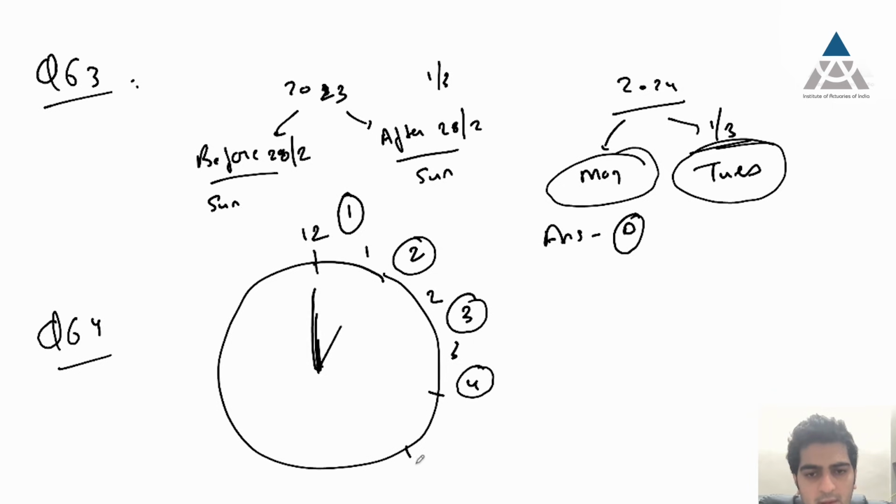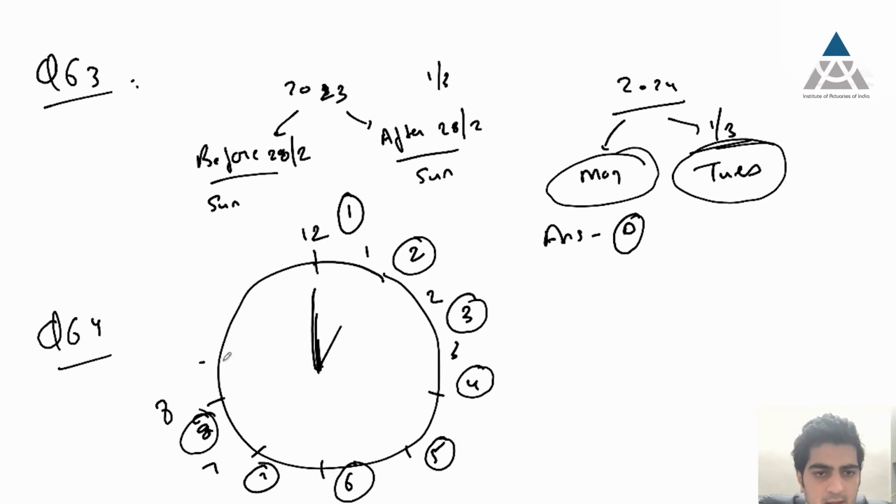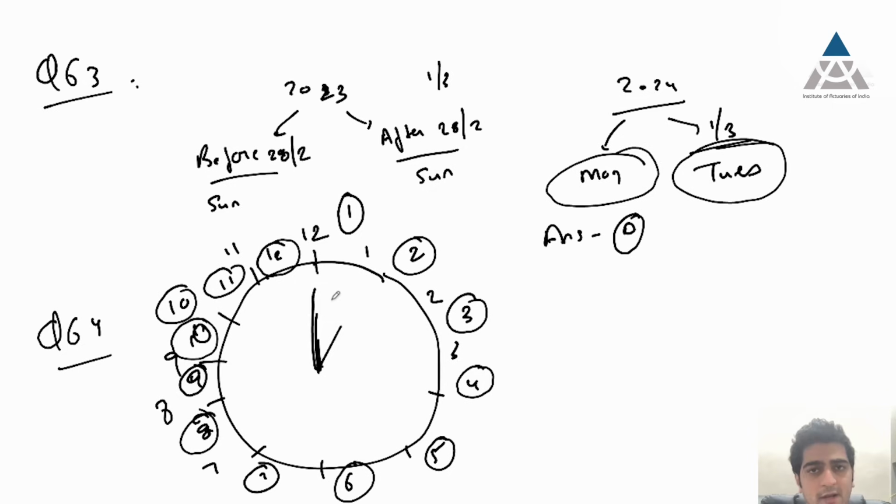3, 4, 5, 6, 7, 8, 9. Between this and 10 you will have 10 times, and 11, and finally between this and this there will be a 12th time between 11 and 12, that is the minute hand will cross the hour hand.